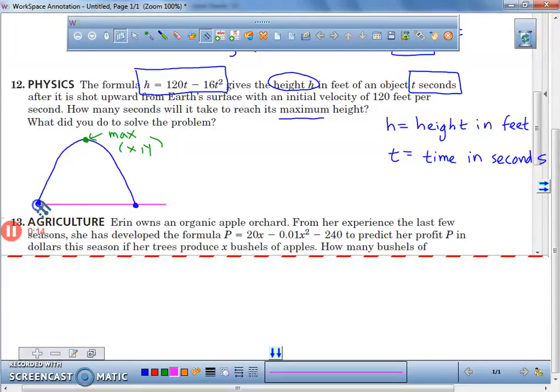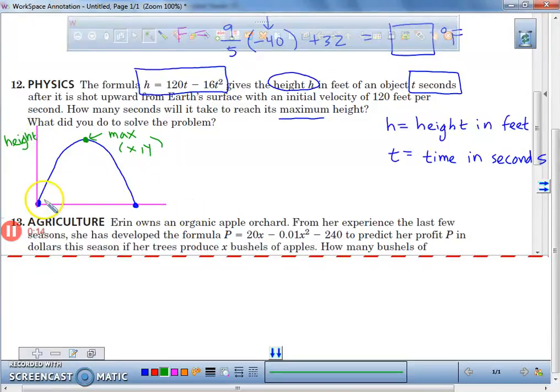But also, what do you think up and down is going to represent in the problem? Height, good. So right here, why don't you guys label this? This represents how high up it gets. Call it height.